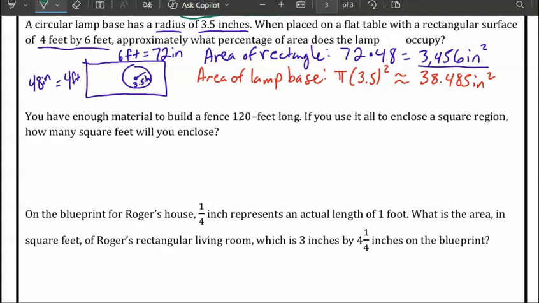To find the percentage that the lamp occupies, you'll divide those and then multiply by 100, which is about 1.11%.